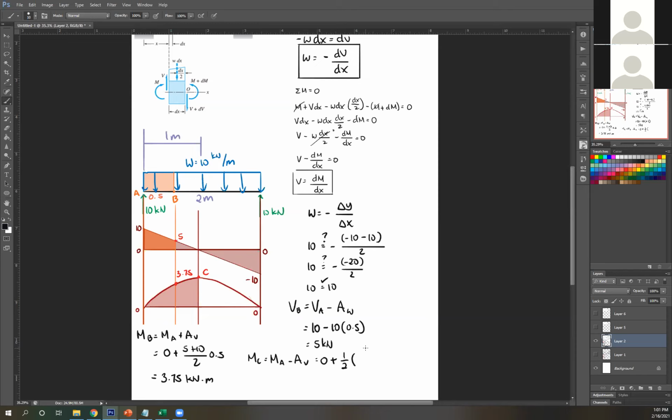Times 1/2 base, again, that's 1. The height of this, as you can see, is 10. So that equals 5 kilonewton meters. Therefore, this point C is actually 3.